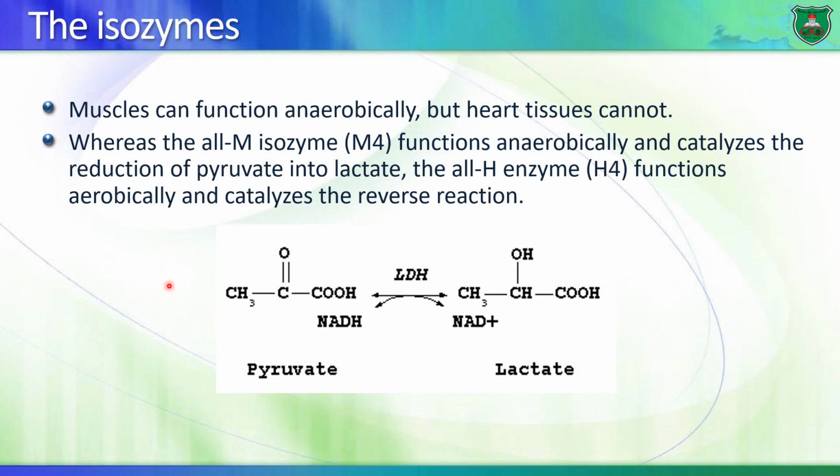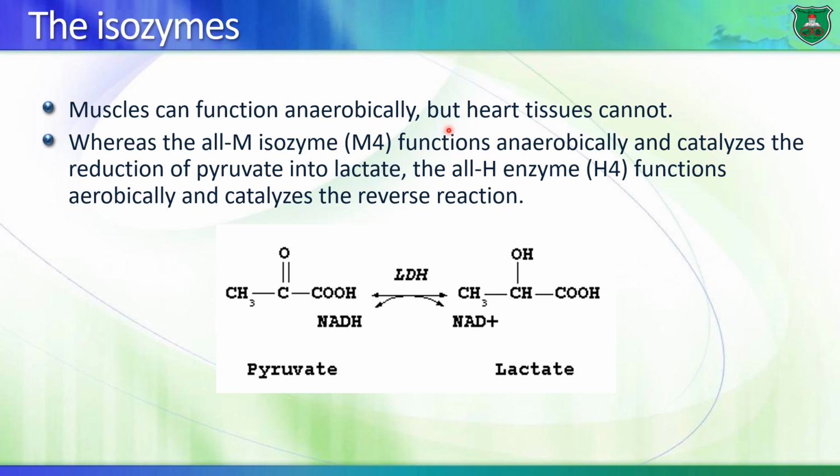Now, so why is it that we have these different isoenzymes? Because they are present in different tissues, and these tissues can function differently as well in different conditions. So muscles, for example, can function anaerobically. Okay, so it prefers to convert pyruvate to lactate. On the other hand, heart tissues cannot.